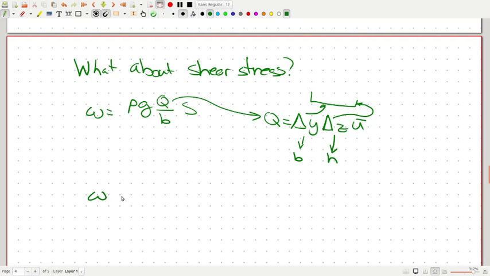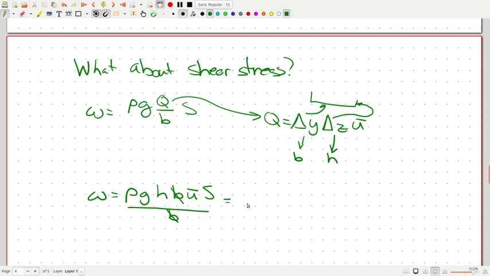So omega is equal to rho g H b u, slope, divided by width. And so these two width terms will cancel out. And now check it out. We have rho g H, this u sitting there, and then the slope.